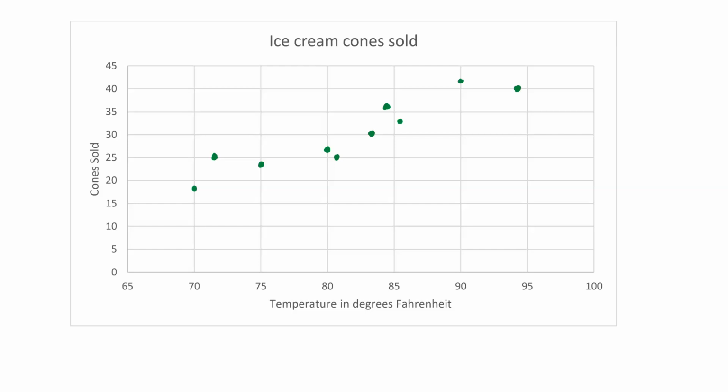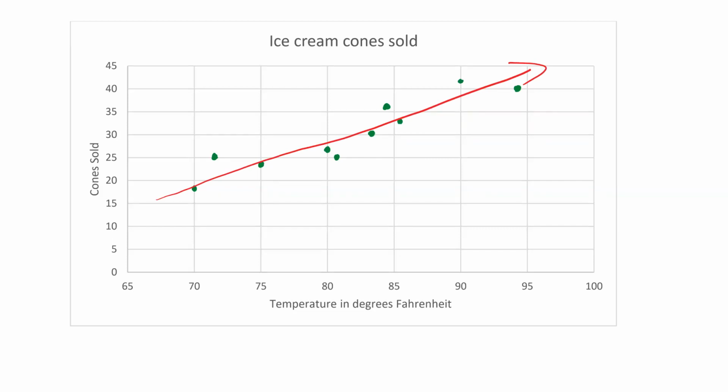All right, so that's our basic scatter plot. Now, the most useful thing you can do with a scatter plot is just see if there's any trends. So in this case, if you notice, as we look at it from left to right, it seems to be going up a little bit.